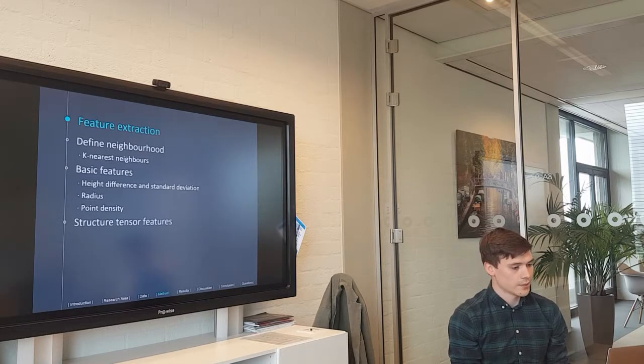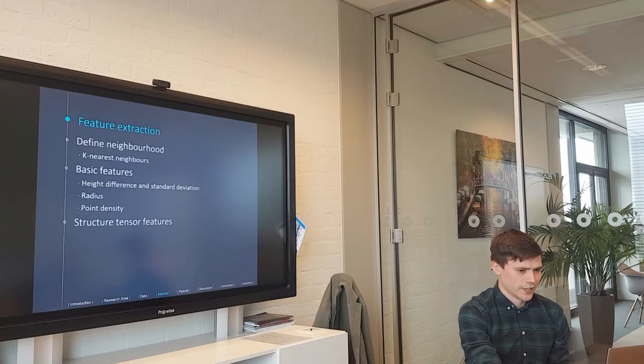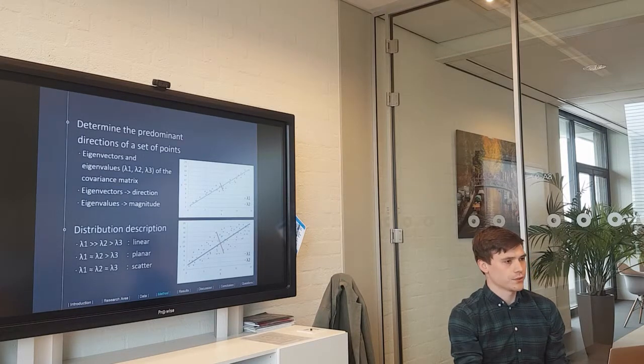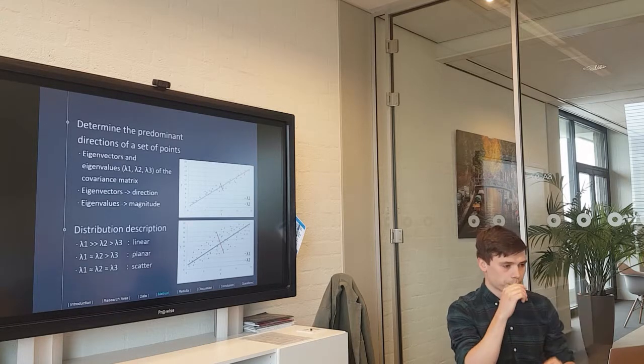Then in each neighborhood, we can compute some basic features, like the height difference within a neighborhood, the standard deviation of the height within a neighborhood, the radius of the neighborhood, and the point density within the neighborhood. But to say more about the relation between the point and its neighborhood, we can also compute extra features based on the structure tensor. The structure tensor is a way to describe how a point is lying in its neighborhood.